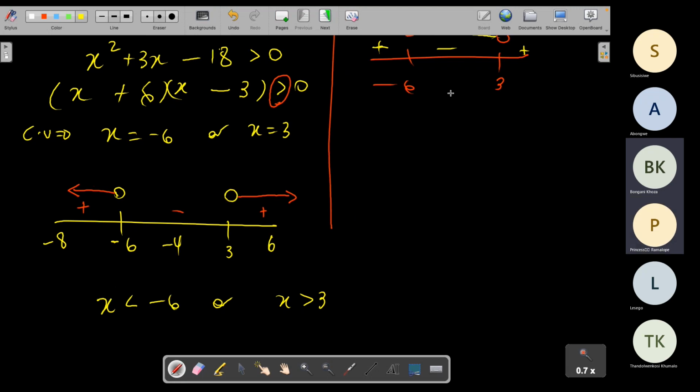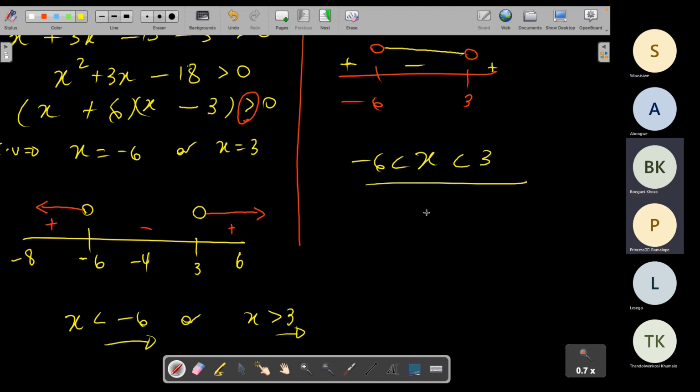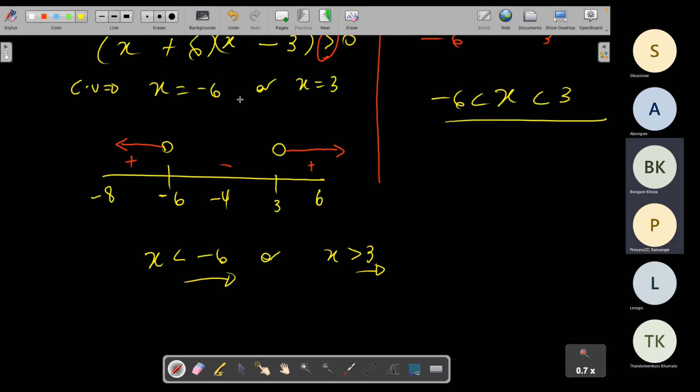But for the ones where they are combined like this, in between, like this one, are we following the same? For the one where you have a split, you end up with a solution set.